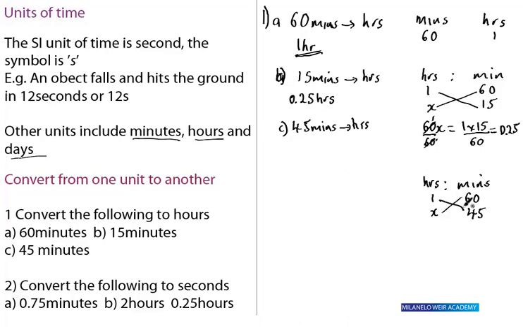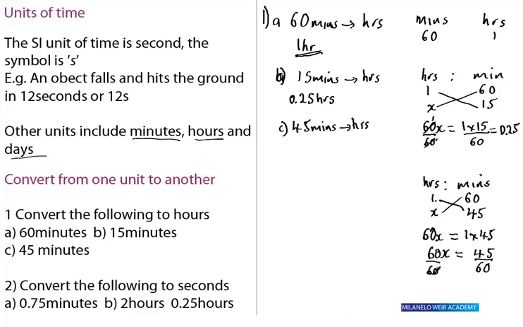We cross multiply. 60 times x, 1 times 45. So 60x is equal to 45. Divide both sides by 60.